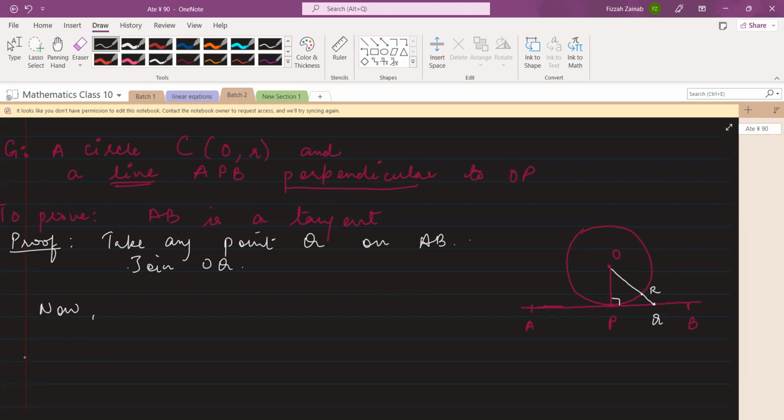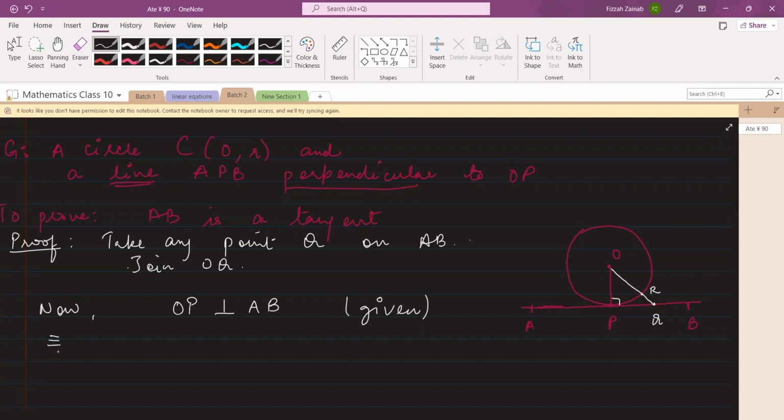Now, what is given to me? The first thing given is that OP is perpendicular to AB. When it is perpendicular, that means it is the shortest line segment possible, the shortest among all the segments joining O and the line AB.